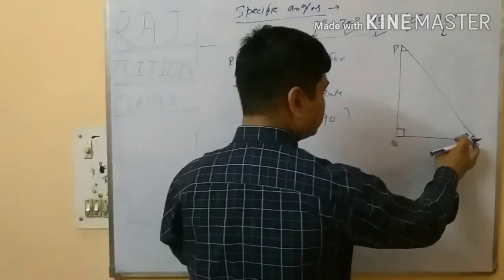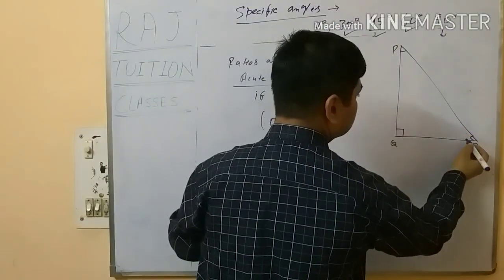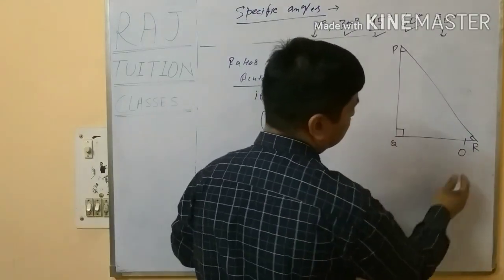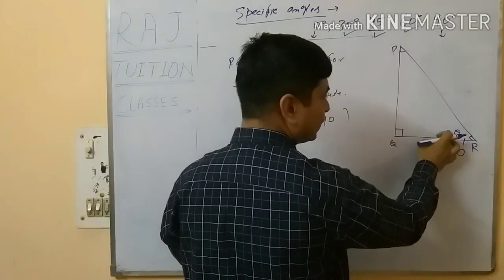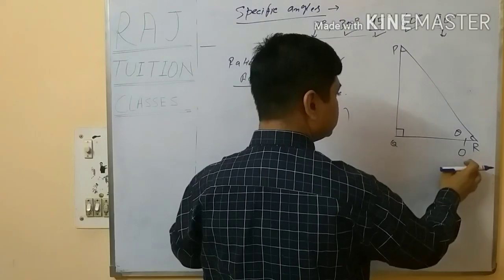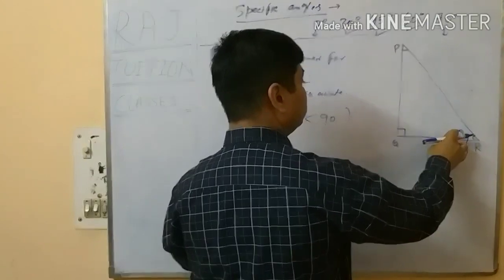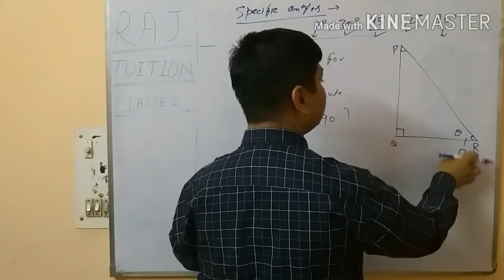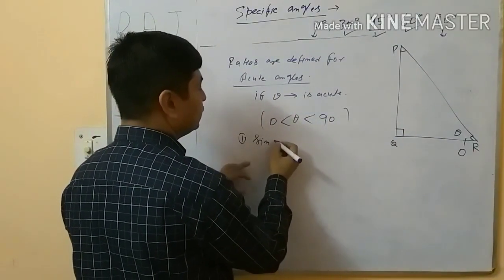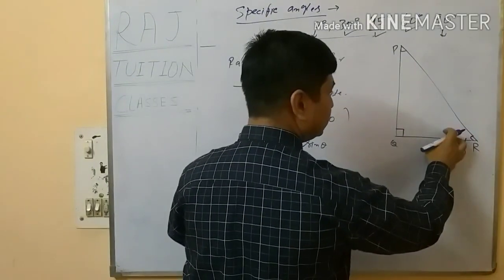So I want to find the value at 0 degree. I need to make this angle 0. I need to consider the value of theta as 0. Sin theta: if I make angle theta 0 and calculate sine for it, that will be the value of sin theta, that is, sin 0. So let's make theta 0. Sin R equals sin theta, because I have named this angle theta.